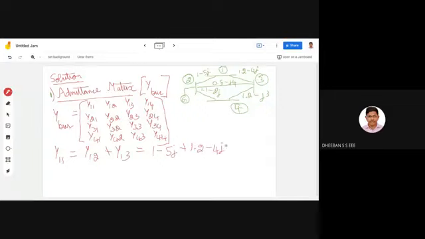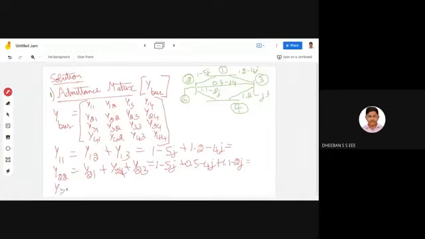Then Y22 is Y21 plus Y24 plus Y23. So it will be 1 minus 5j plus 0.5 minus 4j plus 1.1 minus 2j.